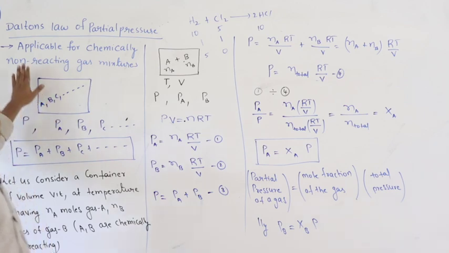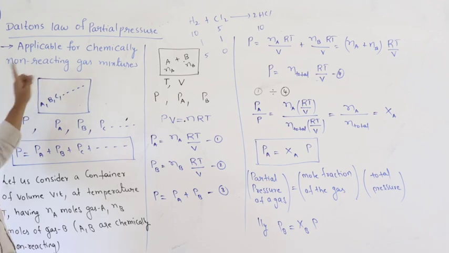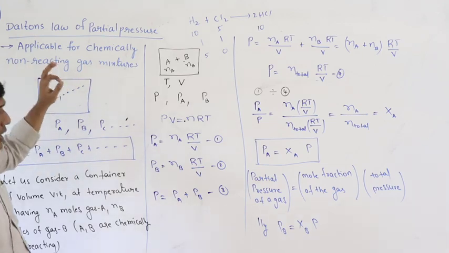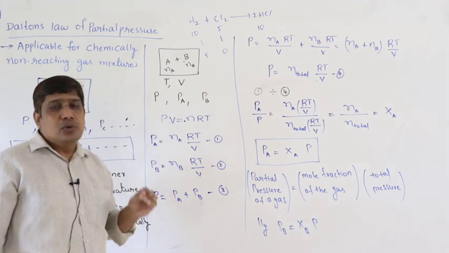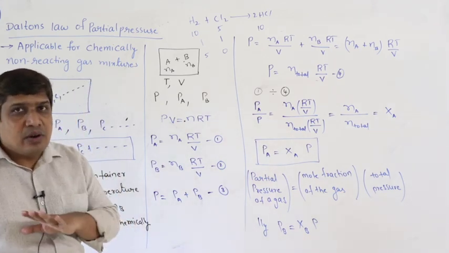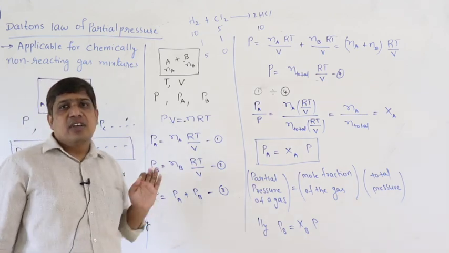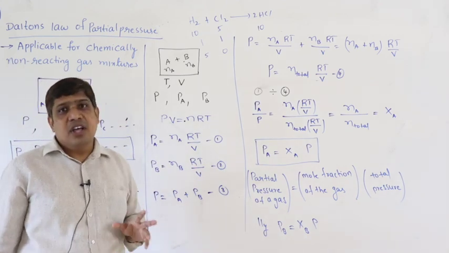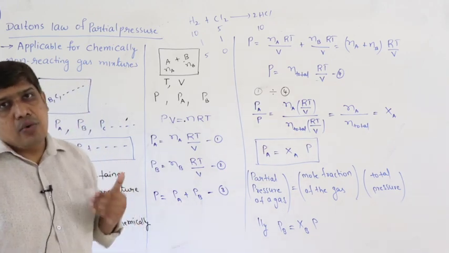So that is why this law is applicable only for chemically non-reacting gaseous mixture, not applicable if they chemically react. Due to the reaction, number of moles will not remain constant. Therefore, you cannot find the partial pressures of gases and total pressure of the system, which keeps on changing because of chemical reaction.